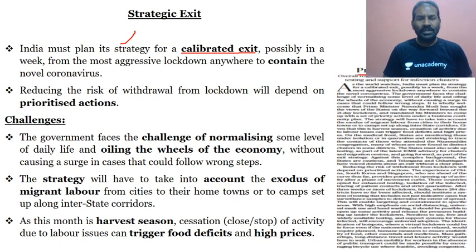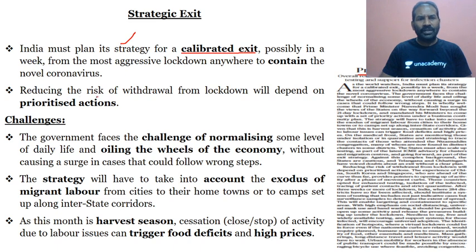At the same time, the economy has to keep running. So it is a very calibrated strategic exit, wherein we need to focus on health and also on the economy.